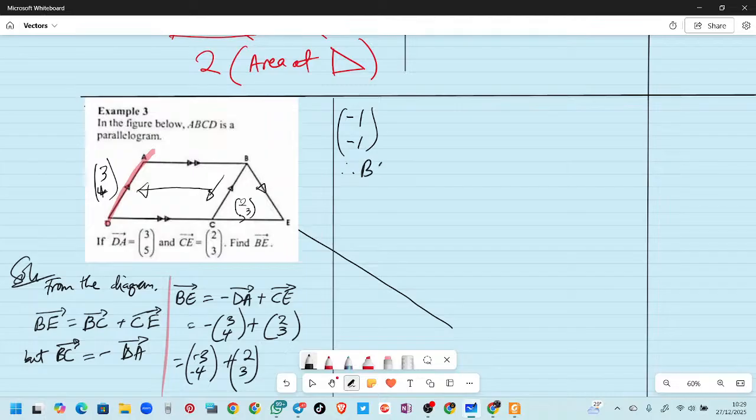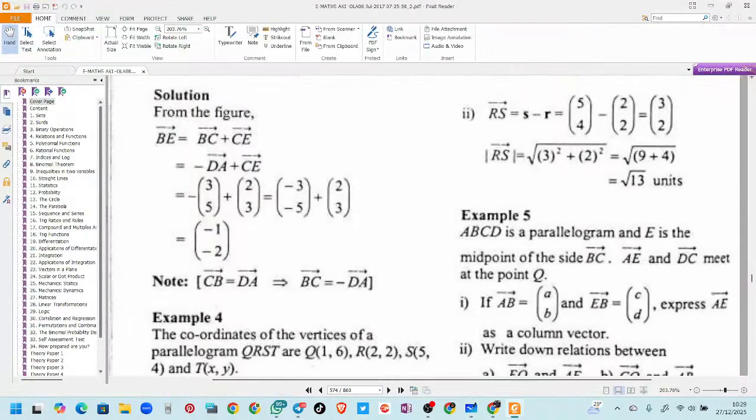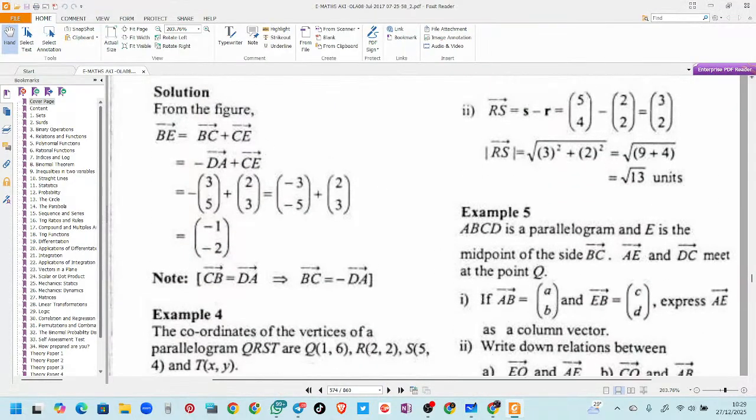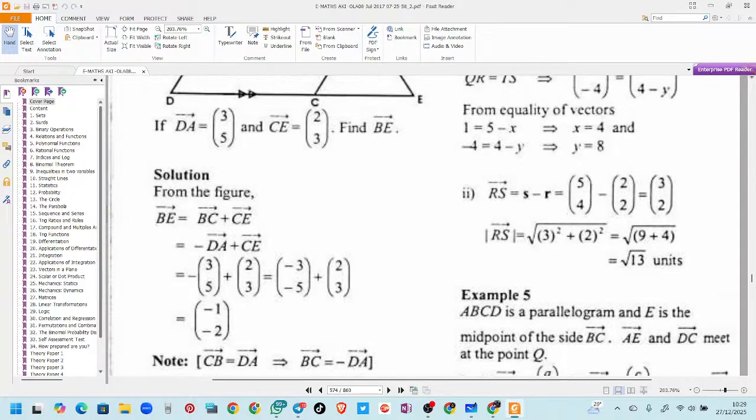Therefore, vector BE is negative i minus j. Or you can leave it in the same form. Or you just go look at the solution. Yes. Hey, we made a mistake somewhere. Negative 1, negative 2.